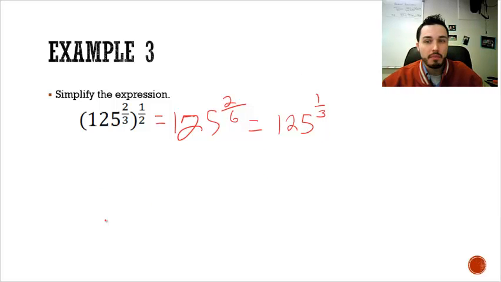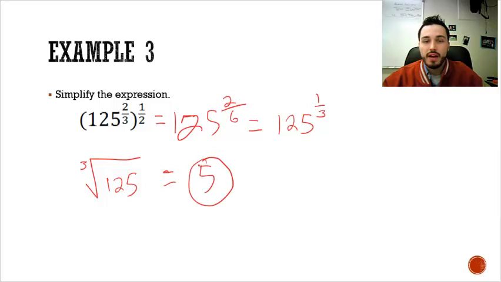Like if I don't understand what that means and how to solve it, I could rewrite it as a root, where my denominator 3, that's my root, so it's the 3rd root or cube root, and my 125 on the inside is raised to the 1st power, so I don't need to write that. And as it turns out, the cube root of 125 is just 5. So the answer to that was just a 5.